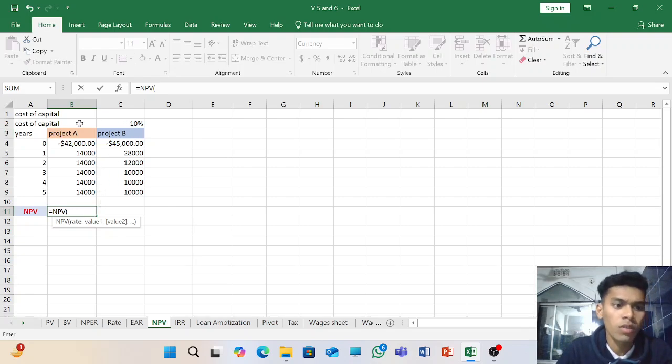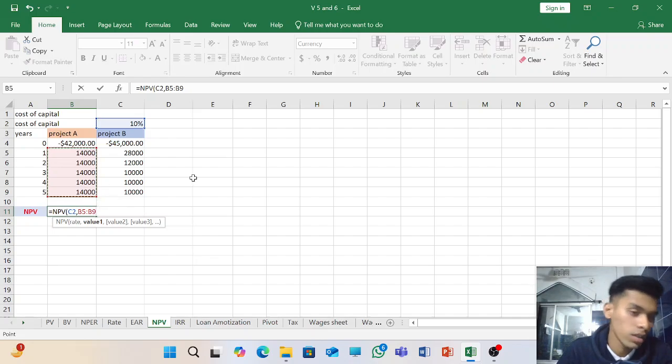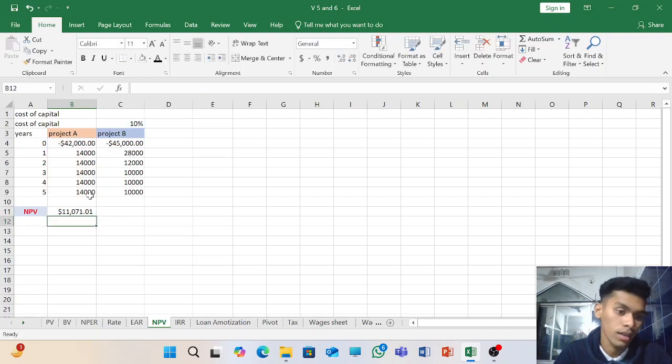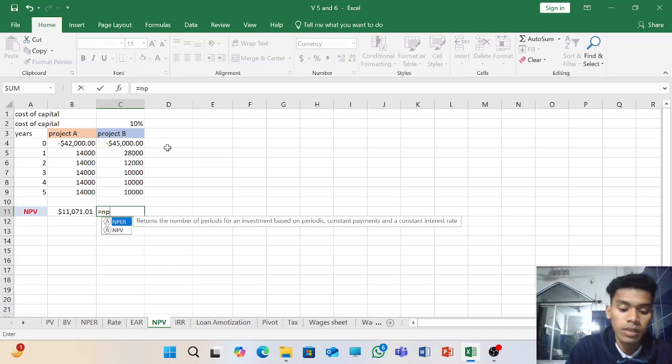Here the cost of capital rate is 10%, comma, the cash value, here the cash value is 14,000, bracket close, plus, and then we insert the initial investment. Okay, and enter. We can see that the NPV of project A is $11,071.01.